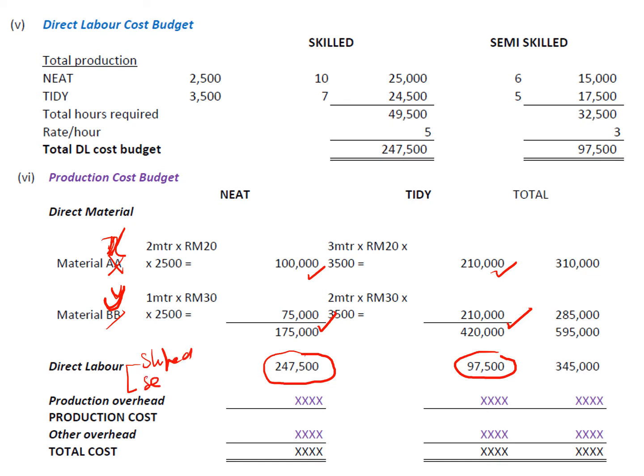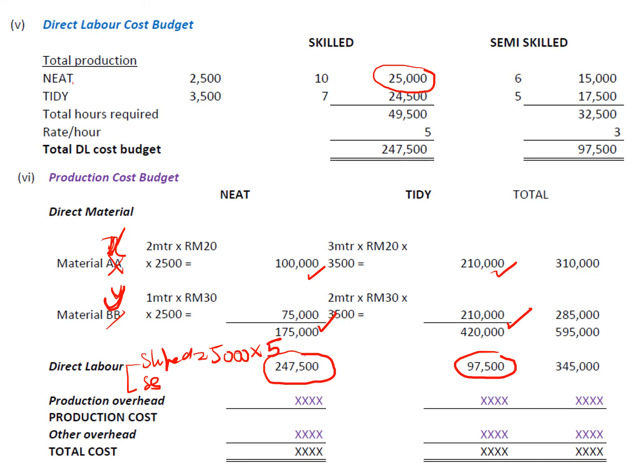Dengan semi-skill, ambil berapa jam neat perlukan skill. So, neat here, dia perlukan skill sebanyak 25,000. So, sini 25,000 darabkan dengan 5 jam.